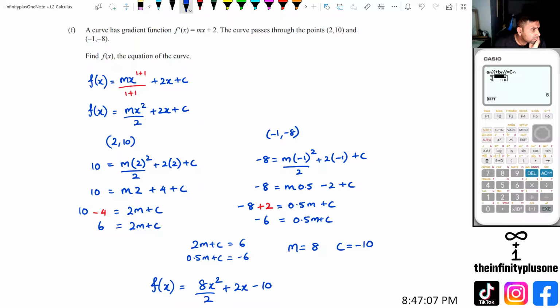Looking for the next one. Geez, there's lots of these achieved questions, not so much merit. 2021 maybe, 2021. All right, let's have a look. 2021, 2020.